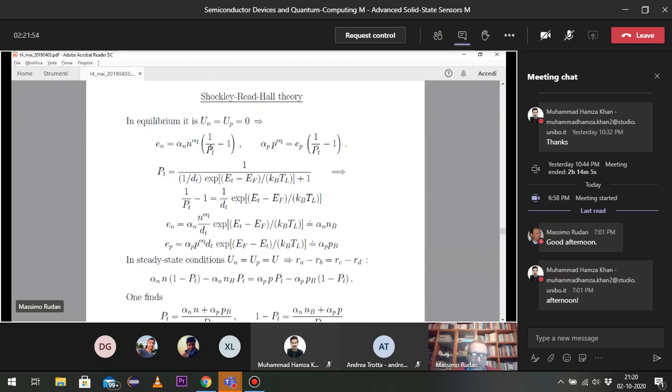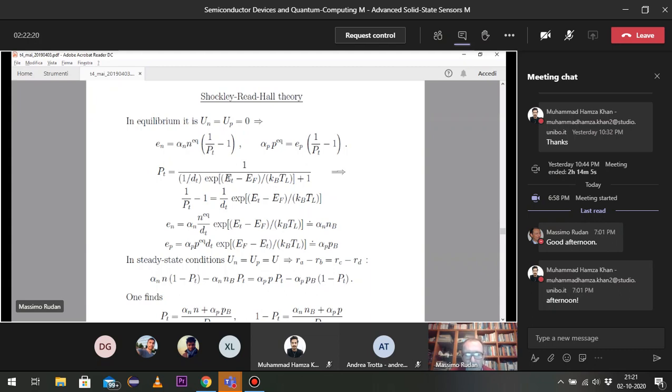statistics, okay? So it is a modified Fermi statistics. You remember that when we have discrete states, discrete in space, okay, we must consider the degeneracy coefficient, so dt. So at equilibrium, PT is 1 over dt exponential of what?